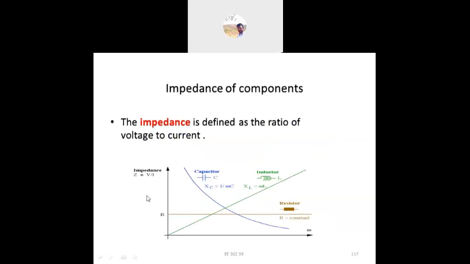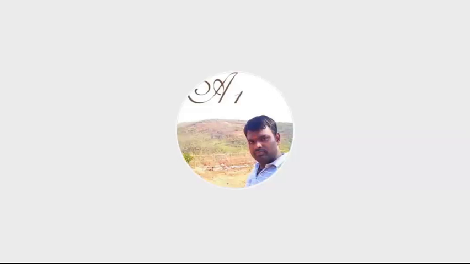Z is equal to V by I. You can see the resistor, inductor and capacitor, and from that we get the impedance value.